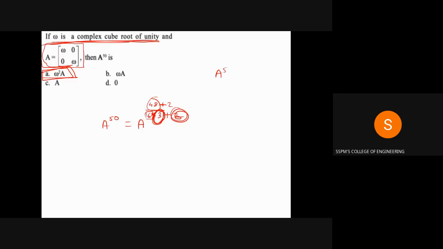Suppose it was A raised to 50, then 48 plus 2, that is 16 into 3. You have to write it in the form of a multiple of 3. So this plus 2 determines that the answer is omega square into A.